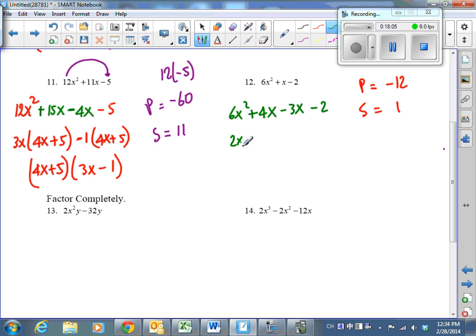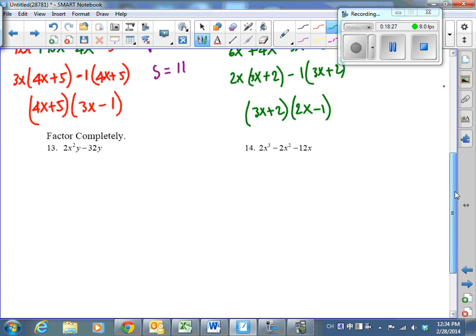So these two have 2x in common. Actually 3x plus 2. Oh yeah, 3x minus 1 times 3x plus 2. So the final answer is 3x plus 2 times 2x minus 1.